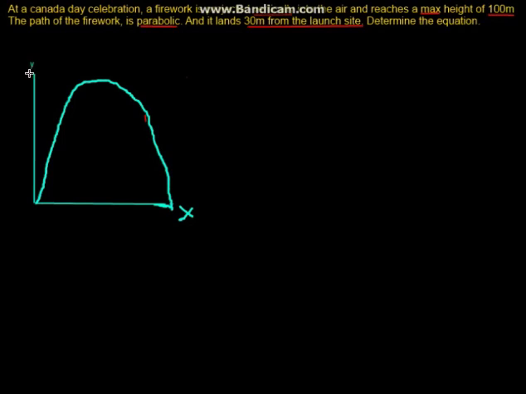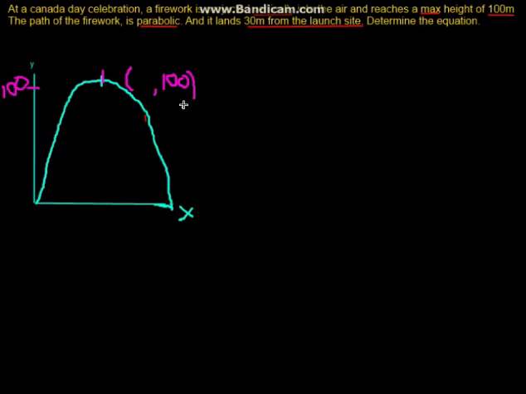Now if we look at the key details that they give us, the projectile is launched vertically into the air, and reaches a maximum height of 100 meters. So this point right here, its maximum height, is 100 meters. That means we can draw a coordinate for this as something comma 100.